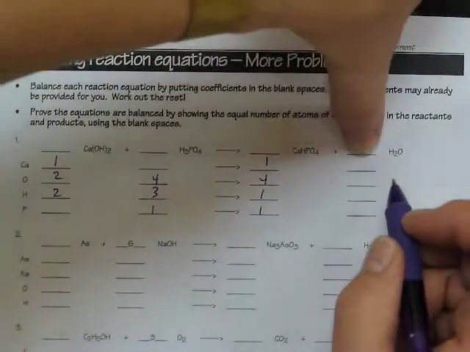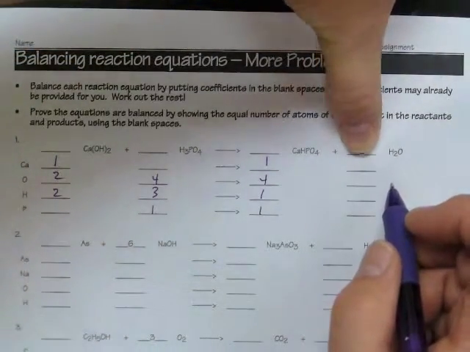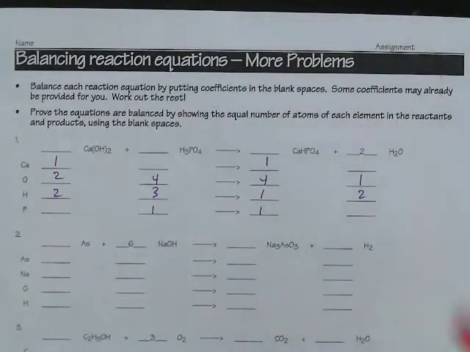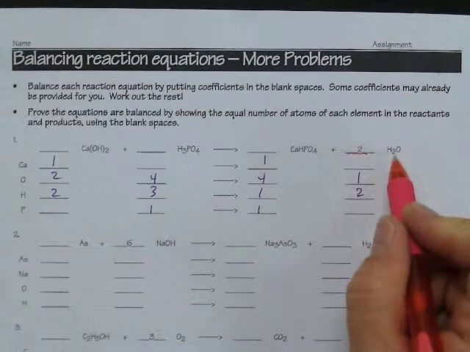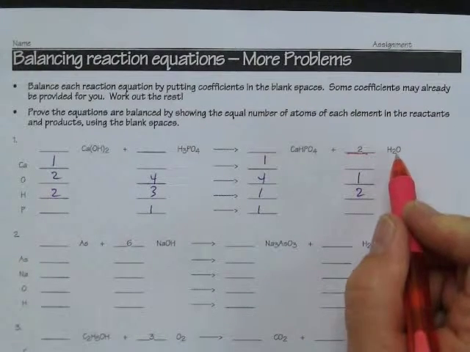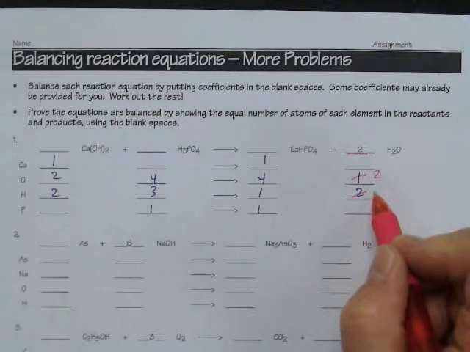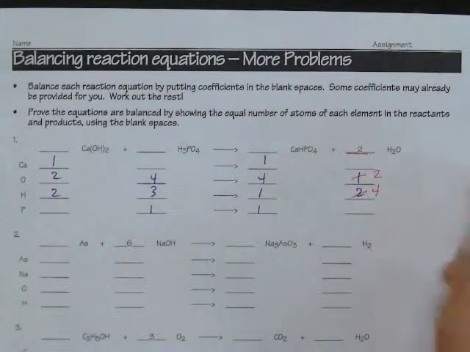And on this side over here I'm going to cover up that coefficient and count 2 hydrogens and 1 oxygen. Now what the coefficient that I covered does is it multiplies everything that's in the formula by 2. So that means the 1 oxygen that I counted is really twice as many, and the 2 hydrogens I counted are really twice as many.